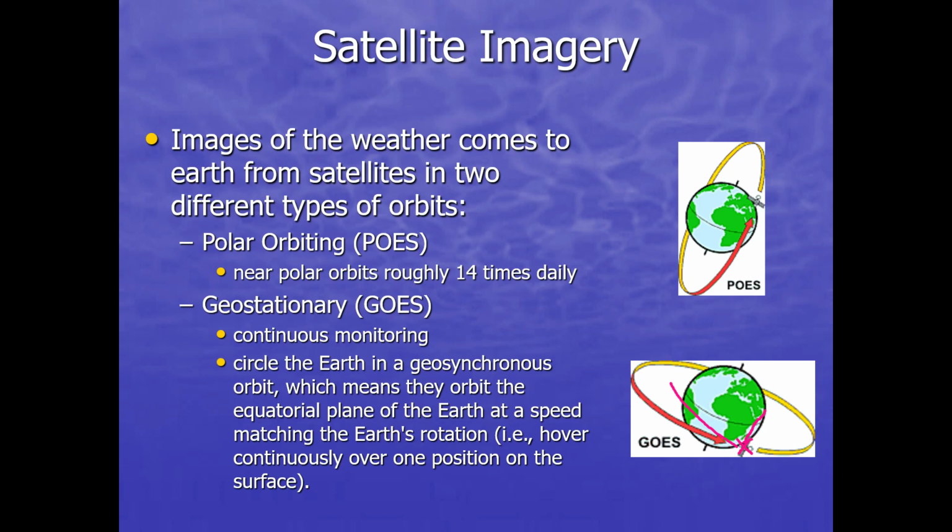It'll always have pictures day and night as it's fixated over the same point. So this geosynchronous, or what we call geostationary orbit, is basically an orbit that is fast enough that it catches up and maintains the same rotation rate as the Earth, and so it's always at a fixed point.